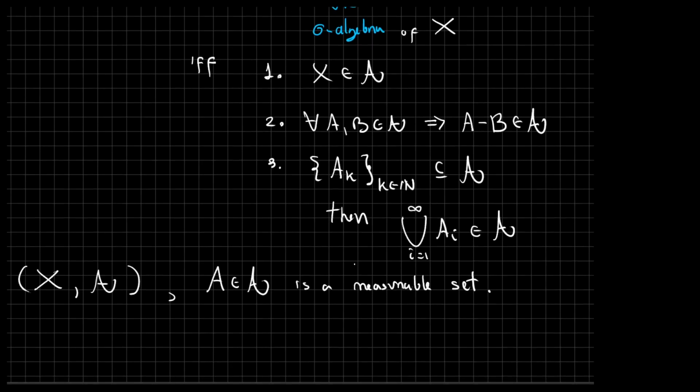And this pair here is called a measurable space. So this here is the sigma algebra of X.